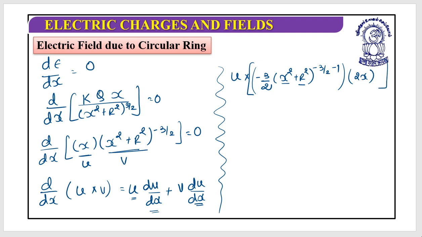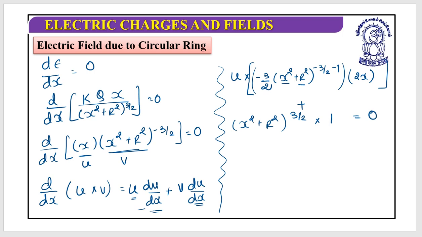So this is u into dv by dx plus v would be as it is, so this would be (x square plus r square) to the power 3 by 2 multiplied by d by dx of x, which is 1, and this all should be 0.